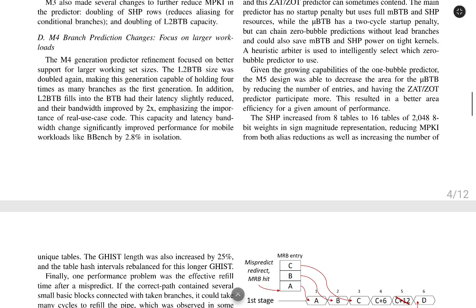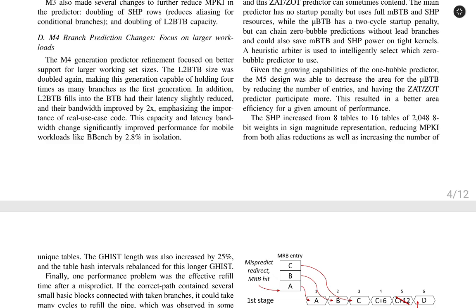Given the growing capability of the zero-bubble predictors, the M5 design was to shrink the micro BTB by reducing the number of entries. Having the ZAT and ZOT predictors participate more results in better area efficiency for a given amount of performance.